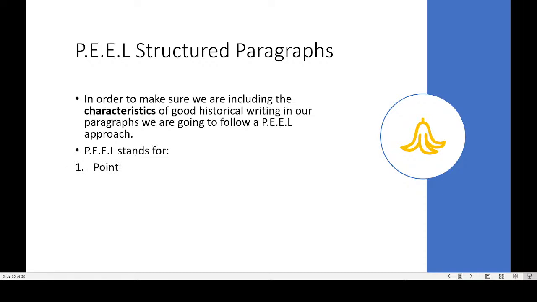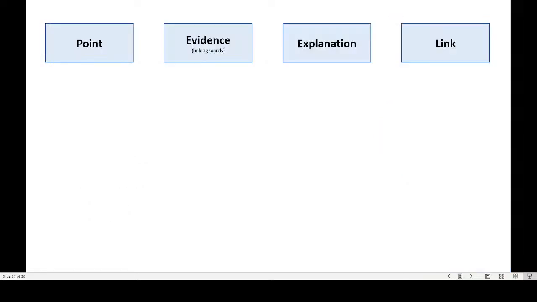So PEEL stands for point, evidence, explain, and link. So we're going to look at different phrases and words that give us a formula to help us structure our paragraphs like so. So we have our 4 points to PEEL, okay? Point, evidence, which is our link, which includes our linking words, explanation, and link.